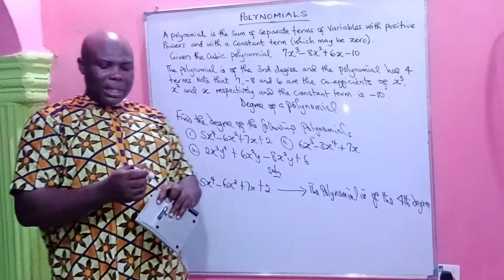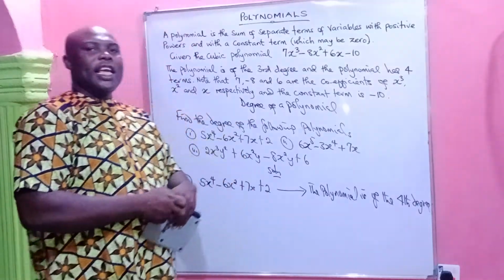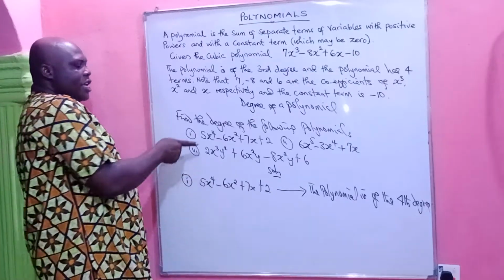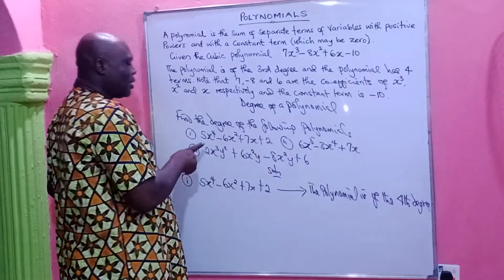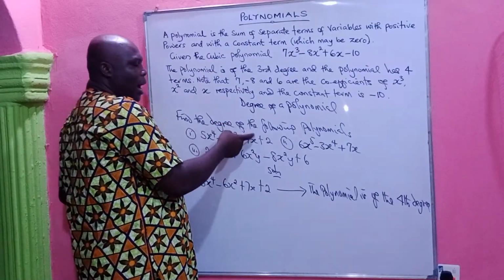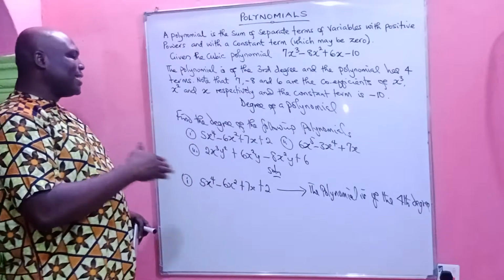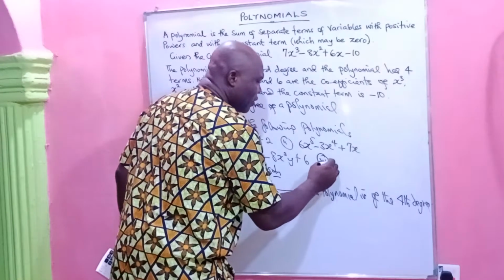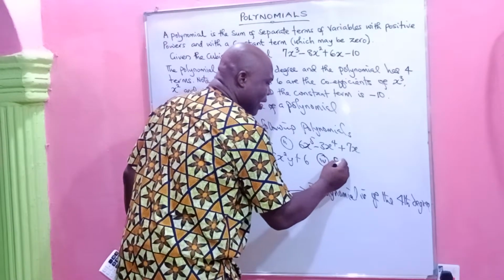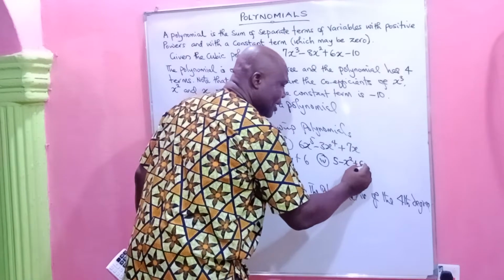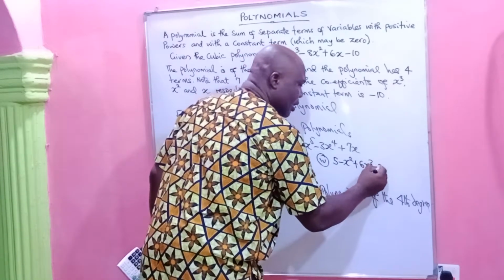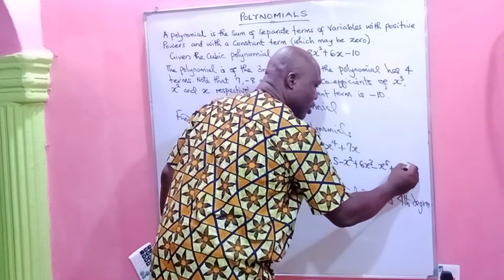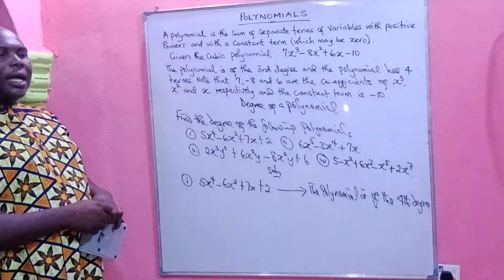Now understand that sometimes the polynomials can be arranged in ascending order of the powers and sometimes in descending order of the powers. Here it is in descending order of the powers, from power 4 to power 2 to power 1 and so on. You can have another one this way: maybe they just give you 5 − x² + 6x³ − x⁵ + 2x⁷.